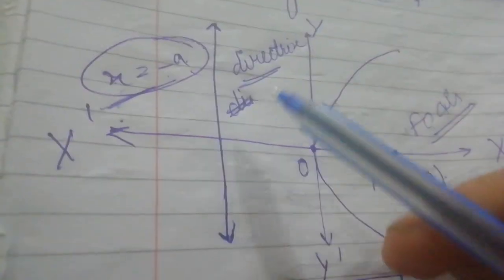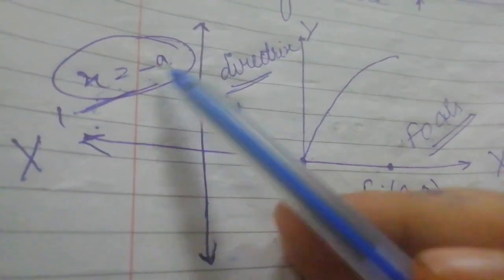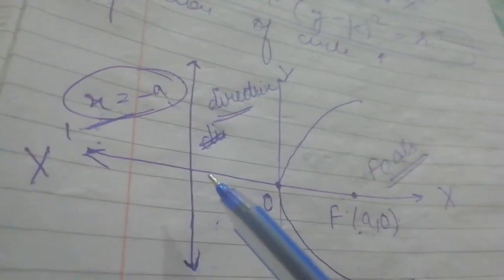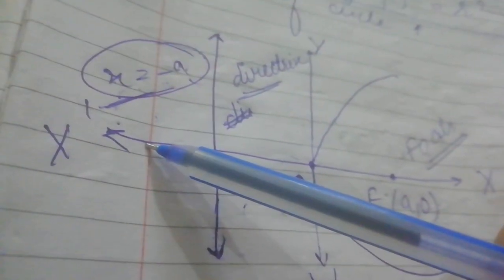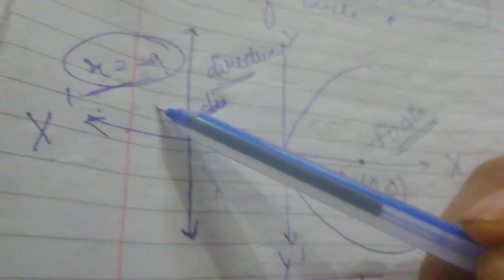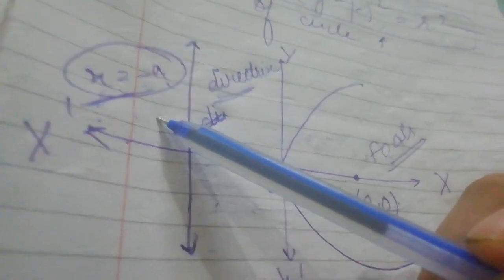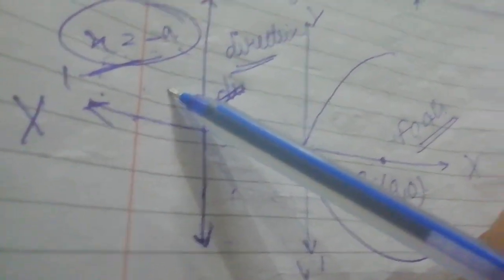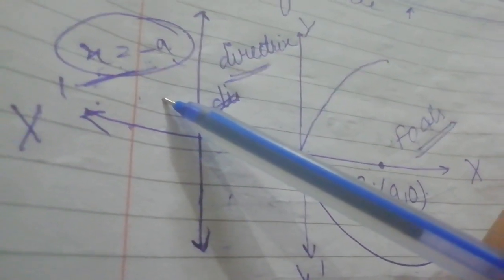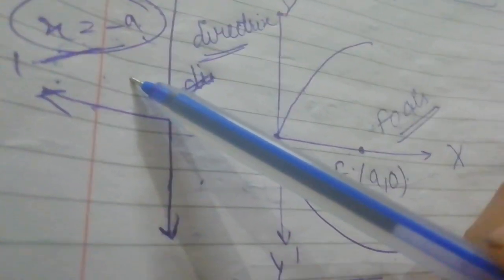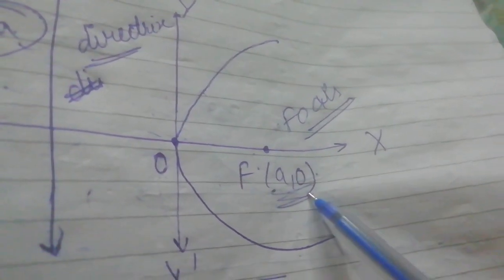So this directrix has an equation which is x is equal to minus a. You need to know just one simple concept, which is that a parabola has a directrix behind it, and that directrix may be negative or may not be negative. And how can you recognize that? Let me tell you. It can be easily recognized when you see this coordinate.